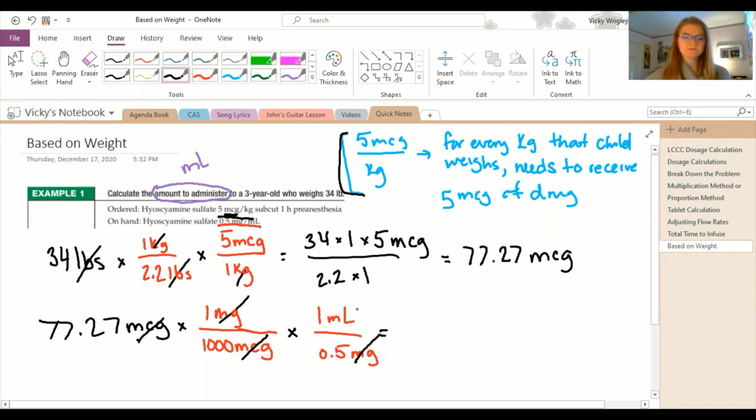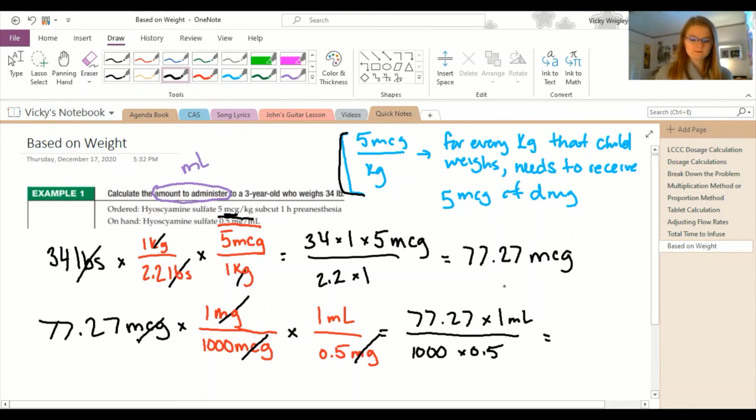So we'll cancel. I have 77.27 times 1 milliliter on the top, 1,000 times 0.5 on the bottom, and this will leave you with 0.15 milliliters.